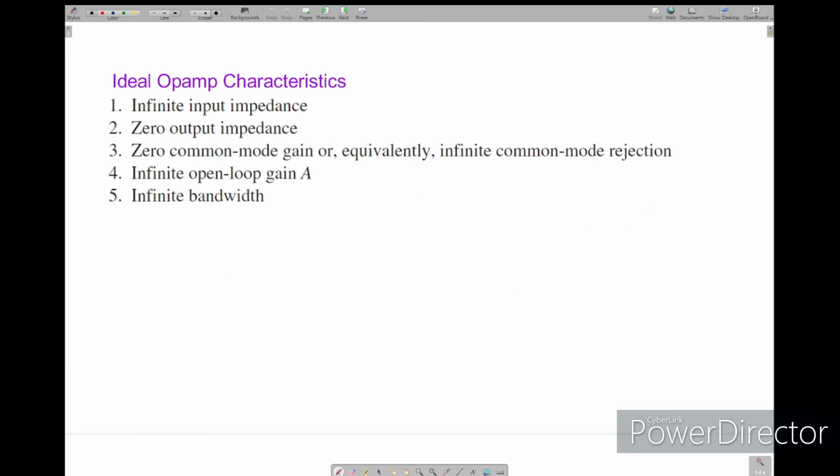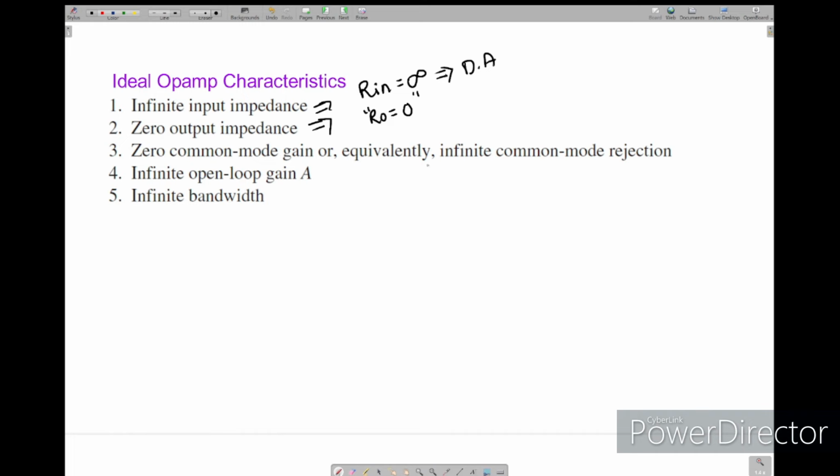And if you see the ideal op amp characteristics, it has infinite input impedance, Rin equal to infinity, because the input stage is a differential amplifier, and zero output impedance. For that we have Ro equal to 0, because for any good voltage amplifier the output impedance is 0.